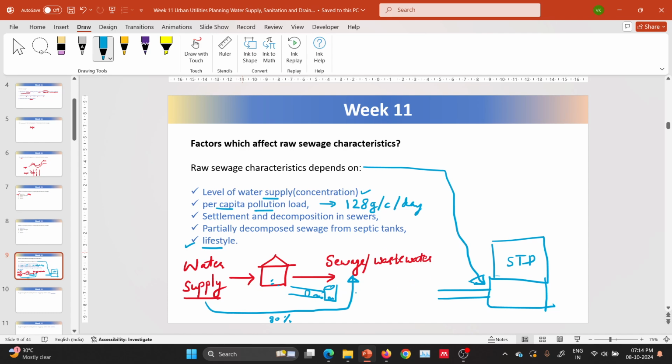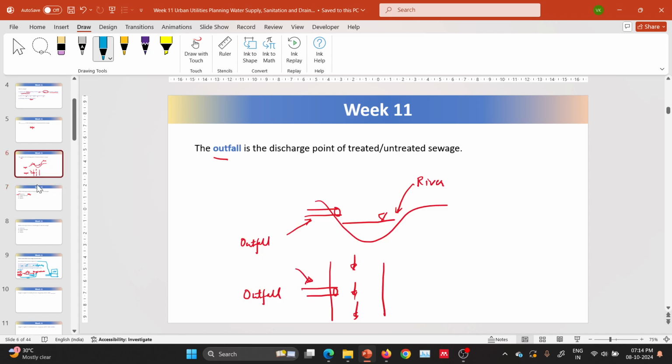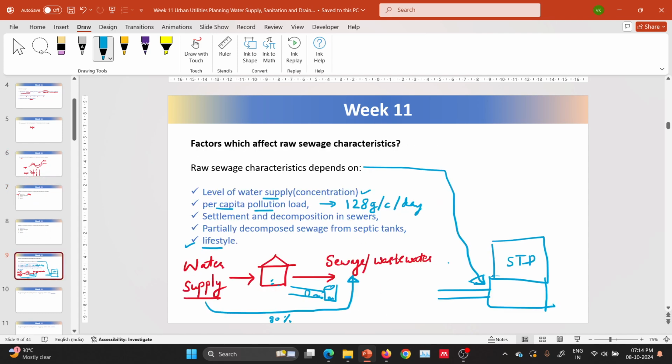How much travel time there is and how much settlement in the sewers will decide the raw sewage characteristics at the outlet, which we call the outfall.